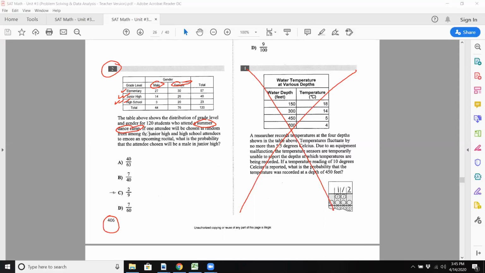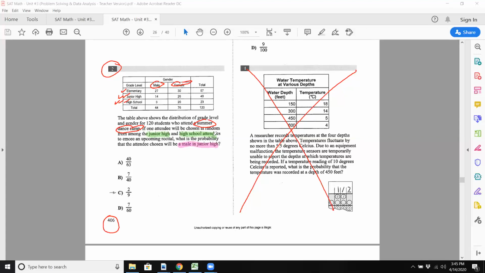If one attendee is chosen at random from among the junior high and high school attendees, what's the probability that you get a male in junior high?